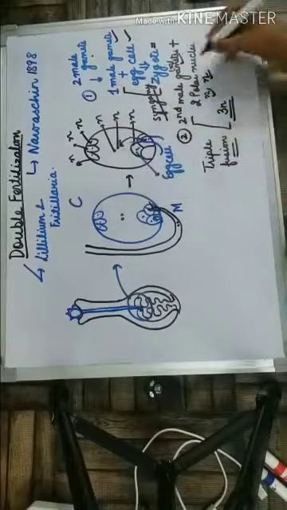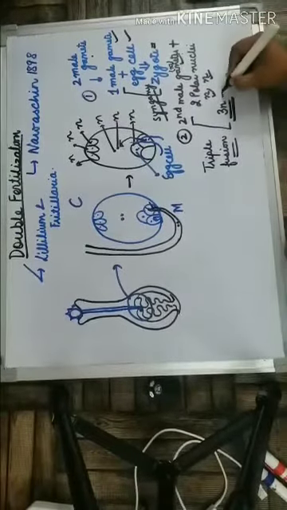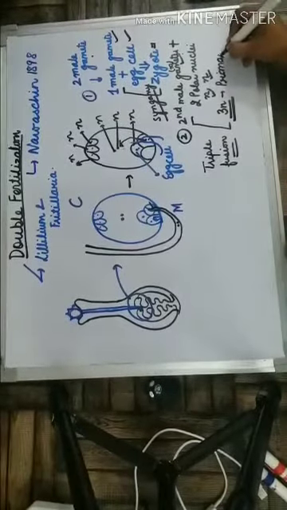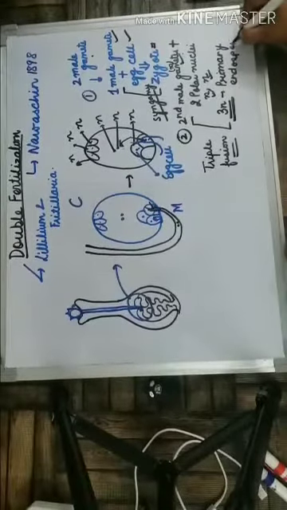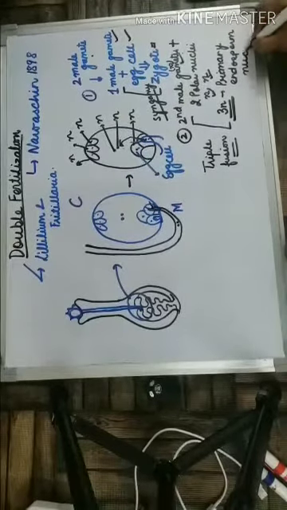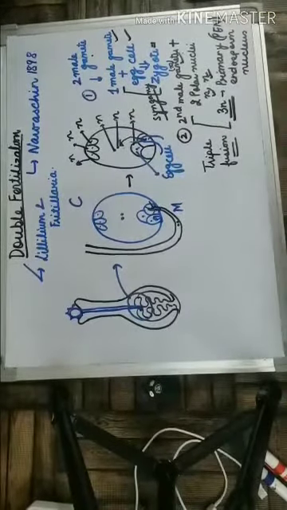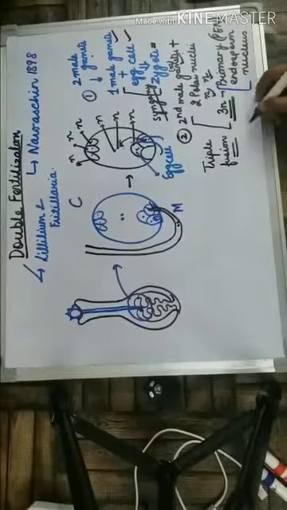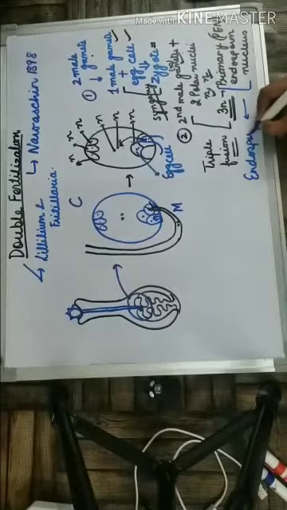These all three unite to form a 3n structure, which is called the primary endosperm nucleus. In short form, it is also called PEN. That means after triple fusion, after the development of the PEN, we will get endosperm.